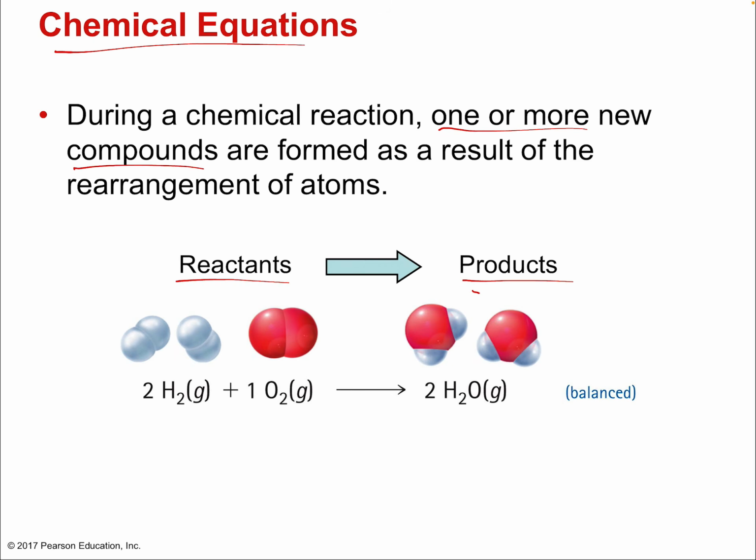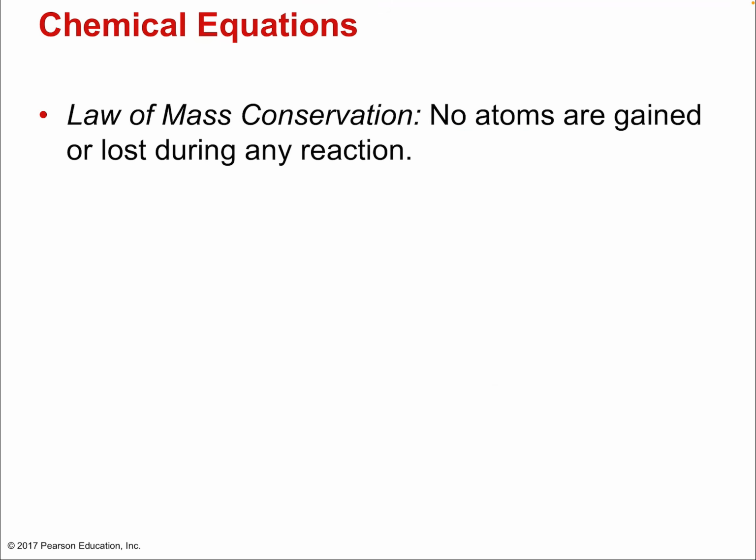Okay? And all chemical equations are balanced. We'll come back to what that means. But here is an example showing some diatomic hydrogen reacting with diatomic oxygen and becoming water. Okay? That is an example of a balanced chemical equation, a balanced chemical process. All right? So, when we talk about chemical equations, probably the most important thing, which is why it's first, is that mass is conserved, which is the law of mass conservation.